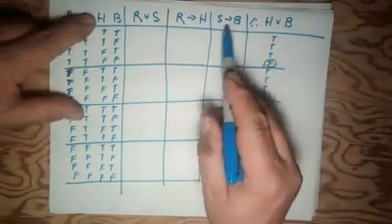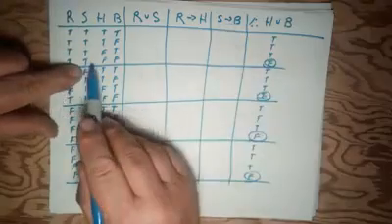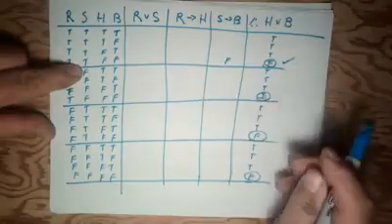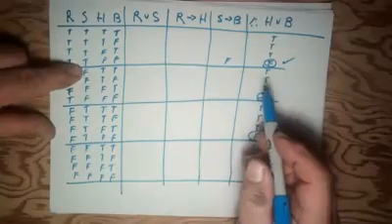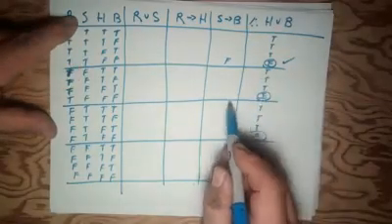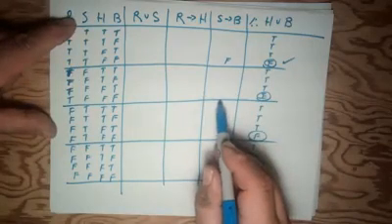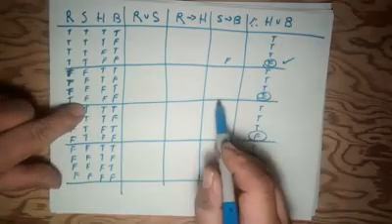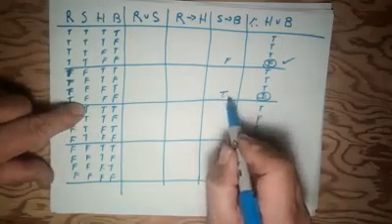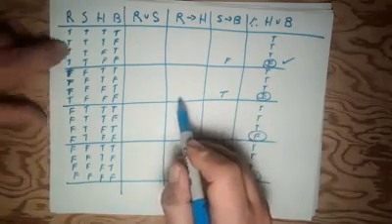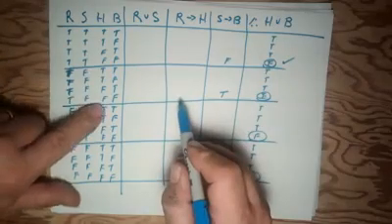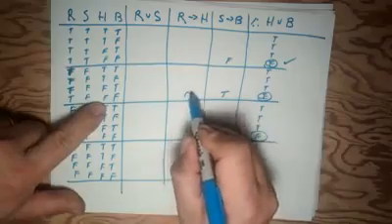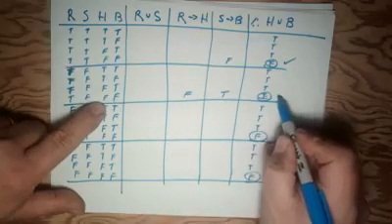So S then B. S is true, B is false, so that's false, and as a result that row checks out. On the next row that matters, row 8, S then B is true. So we have to keep looking. R then H, true then false, that's false. So that checks out.